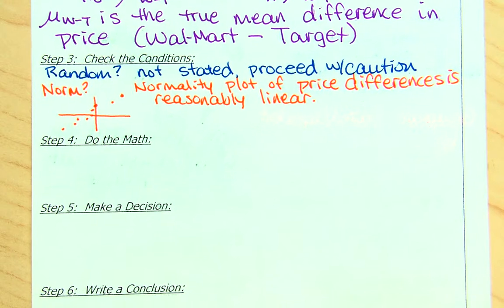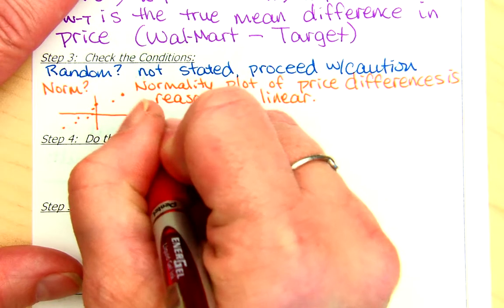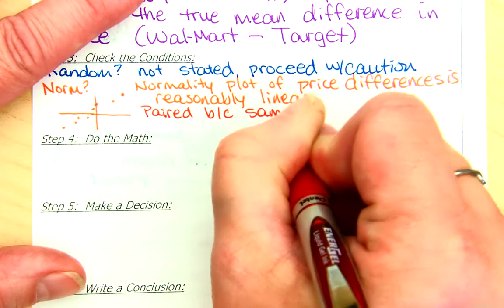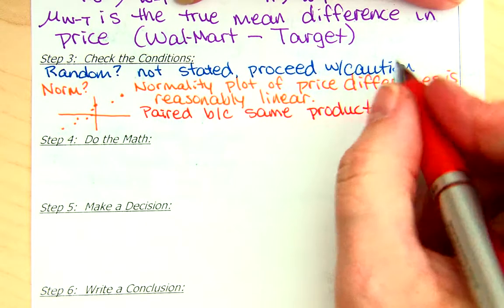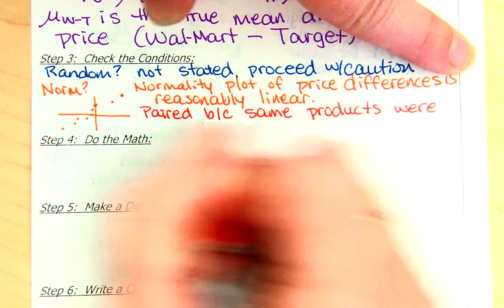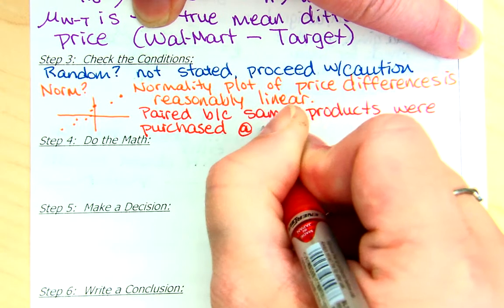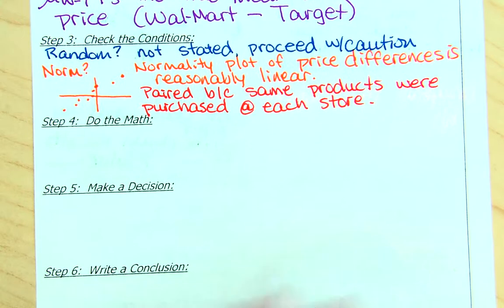And then we said this is paired because what? Yeah, we're comparing the price of the same products. Good. Checked all three conditions, we're good to go there.